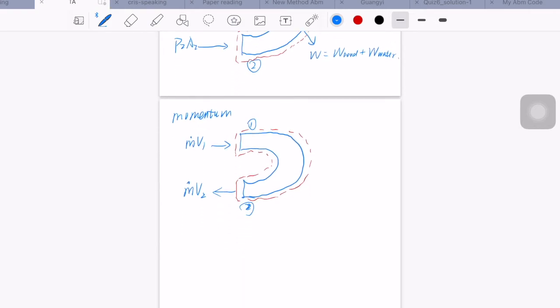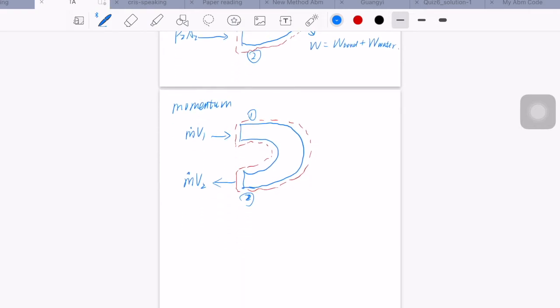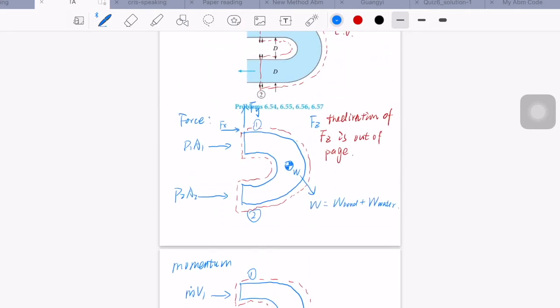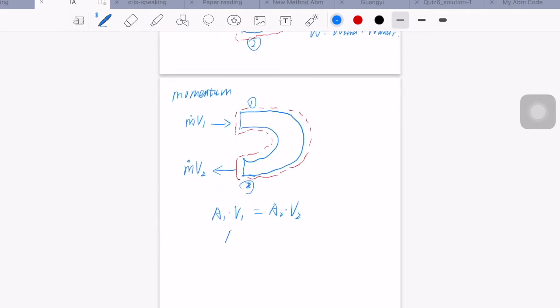And according to the continuity equation, we know that A1 times v1 should be equal to A2 times v2. And we know from the problem that A1 should equal A2, so we can get that v1 should equal v2, which equals Q over A.